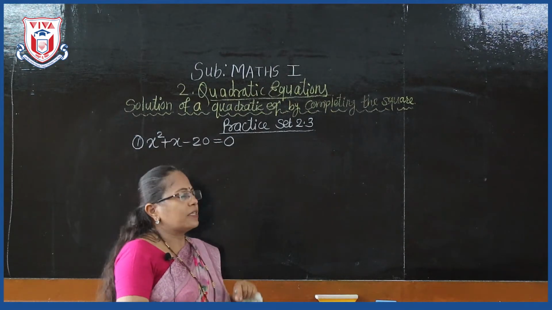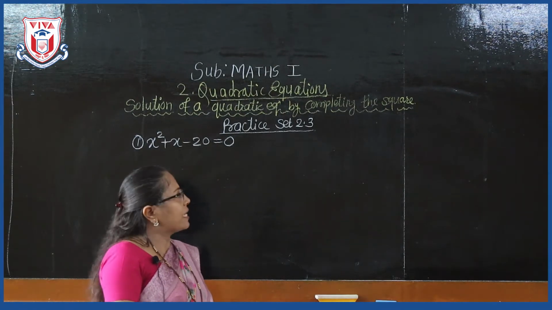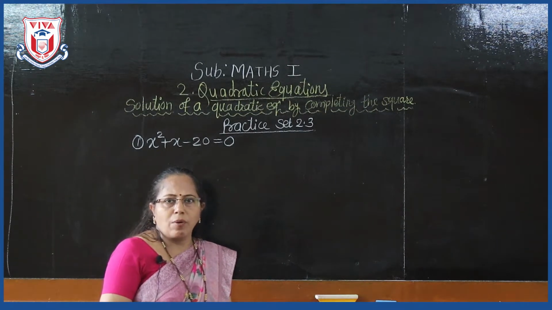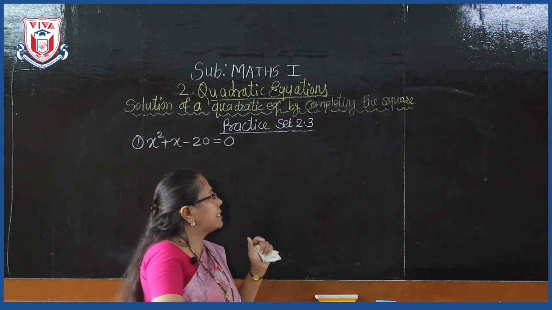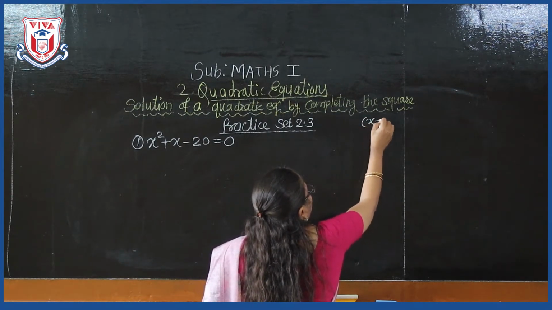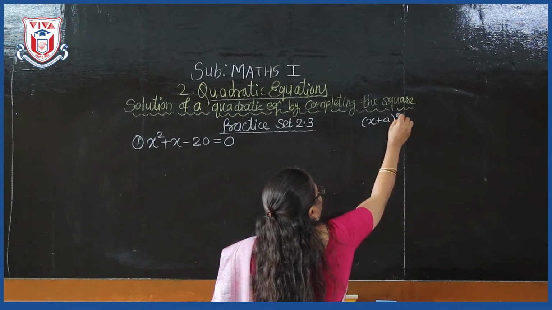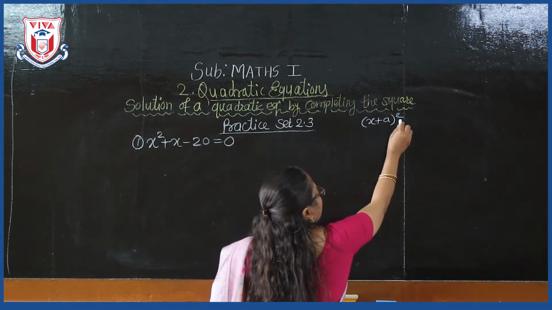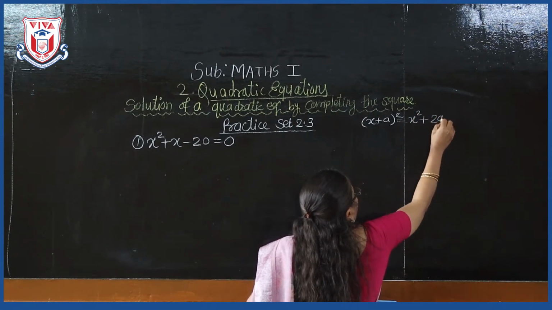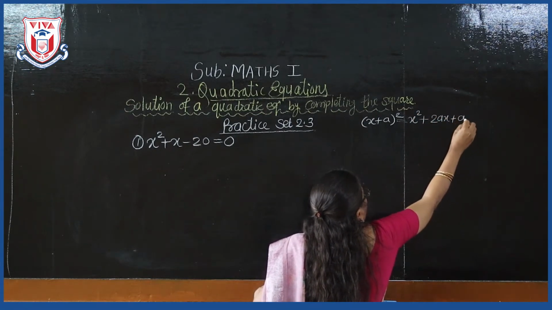Now to use this method, student, you require the square of a binomial which you studied in the previous standard, that is, x plus a whole square is equal to x square plus 2ax plus a square.